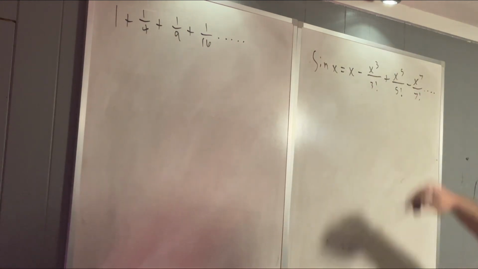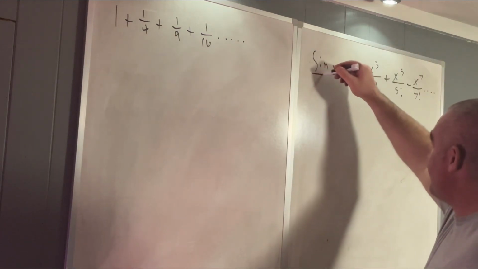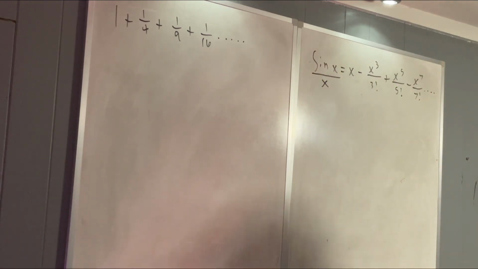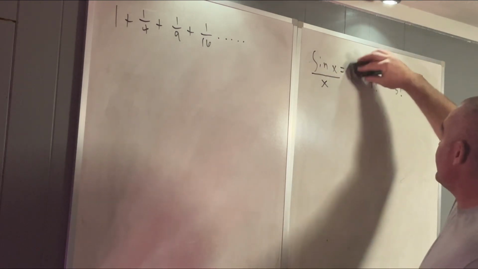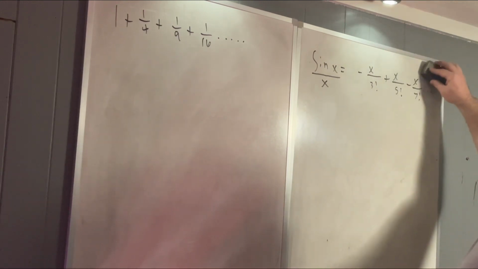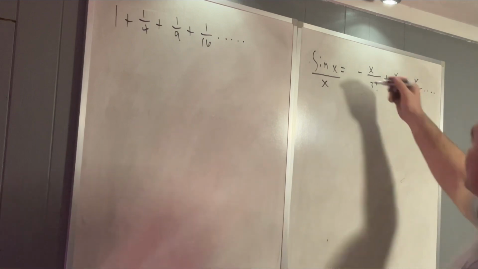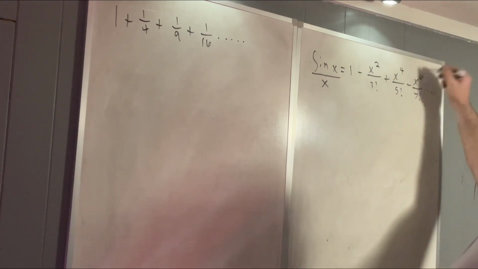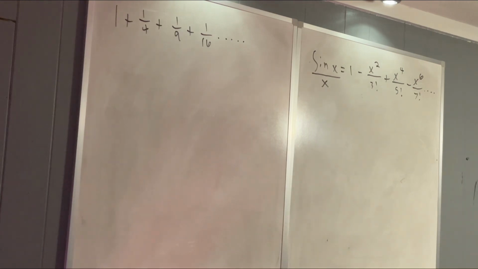Since we know that, just do the same thing to both sides of the equation. We'll divide both sides by x. So we're going to have a 1 here, and this changes to a square, that changes to a 4th, that changes to a 6th. So we know that's true.